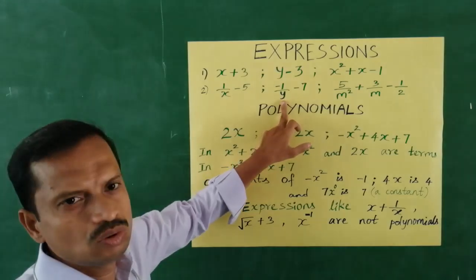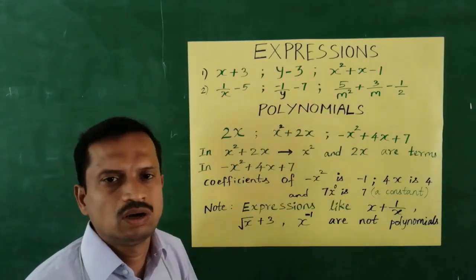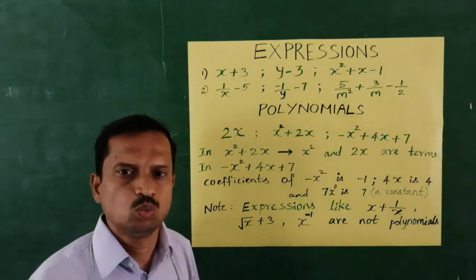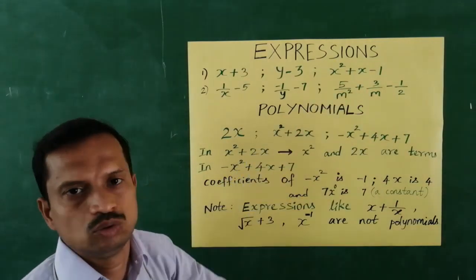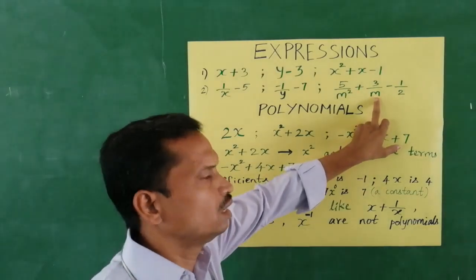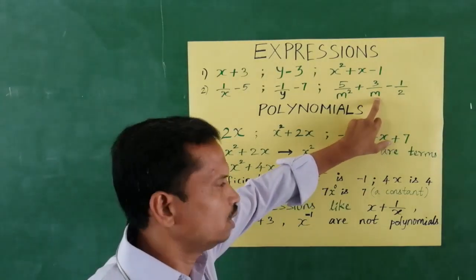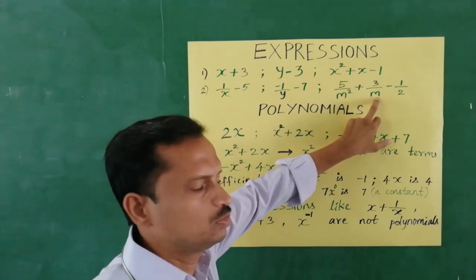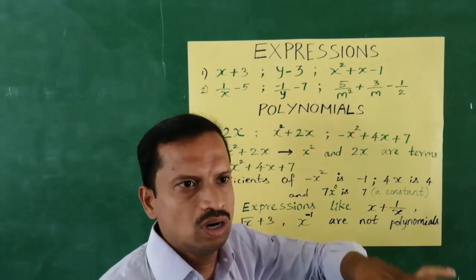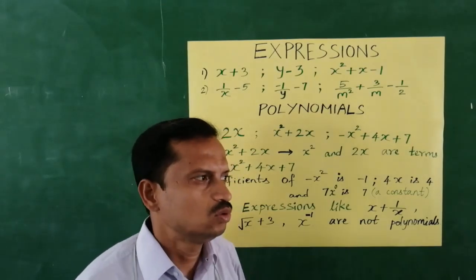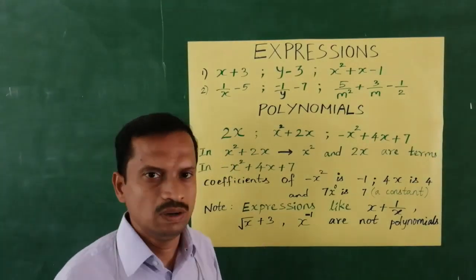When we bring it to the numerator, the exponent of y becomes y power minus 1. Here m is in the denominator, and when you bring it to the numerator, the exponent becomes m power minus 1. And here minus 1 by 2 is a constant. Constants do not matter. You only have to focus on the variable.